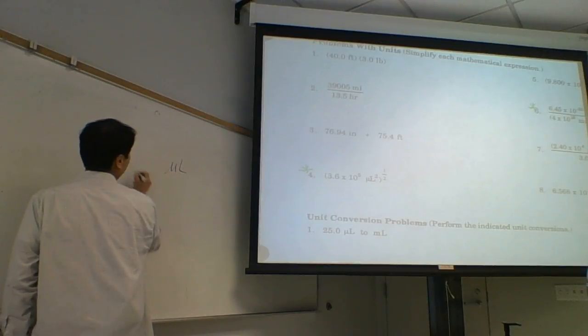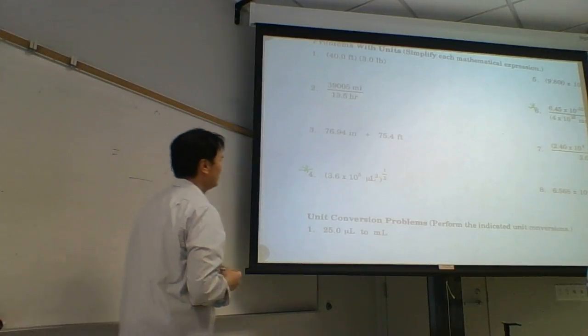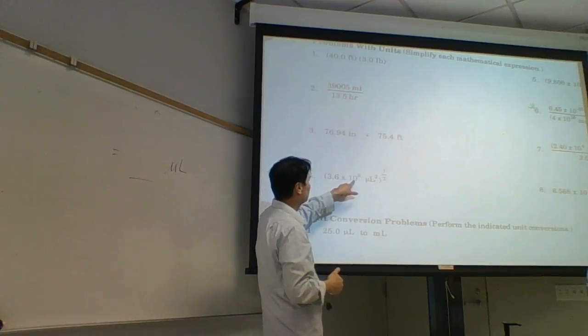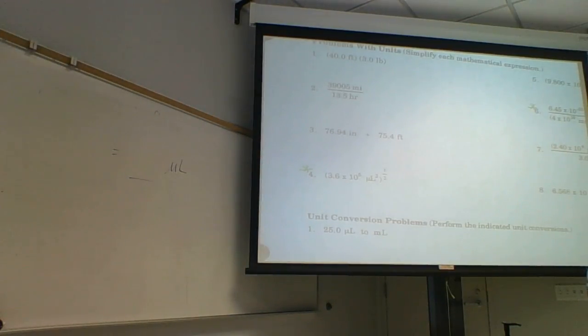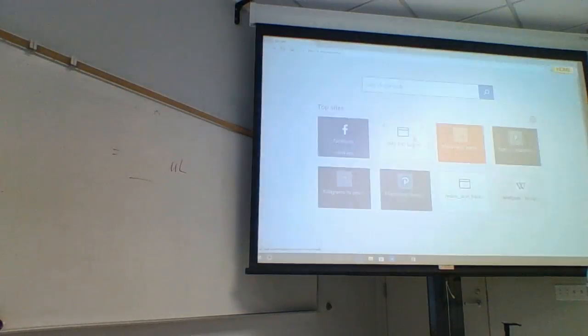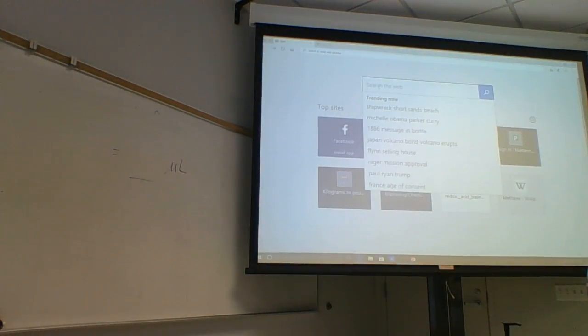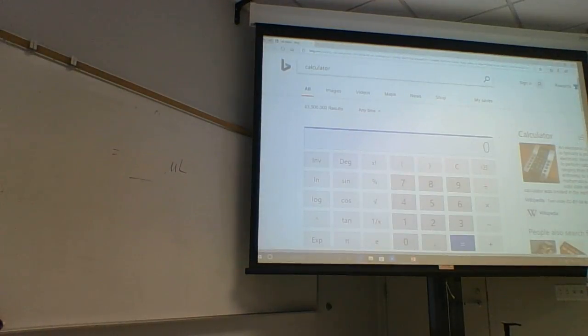Okay, so we have microliters here. Then what we'll do is we'll just take 3.6 times 10 to the 5. There are 2 ways you could do that. I often do it this way when I input it in the calculator. I'll just show you. Is it working?